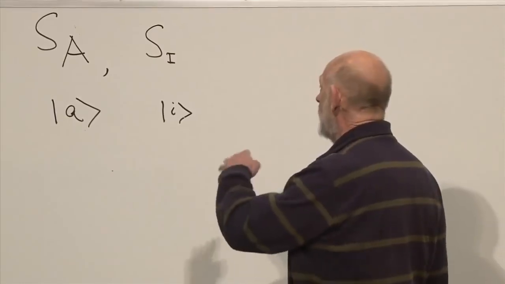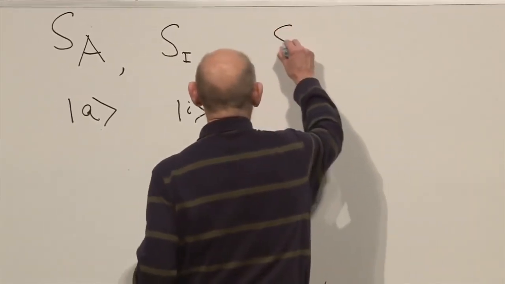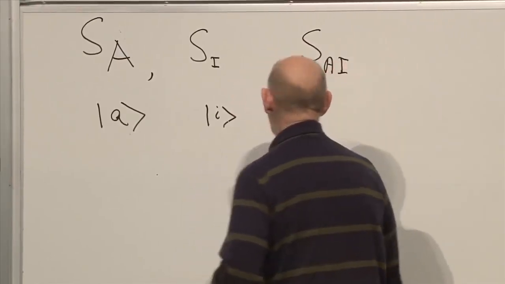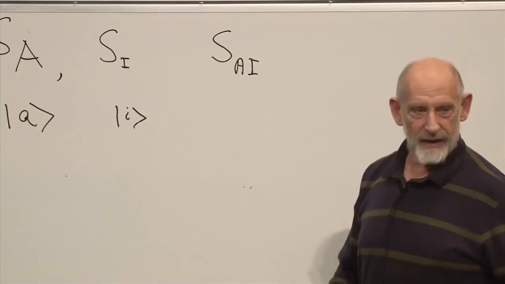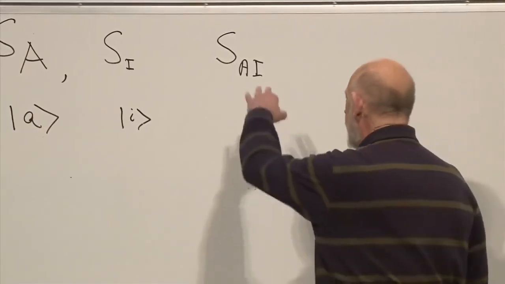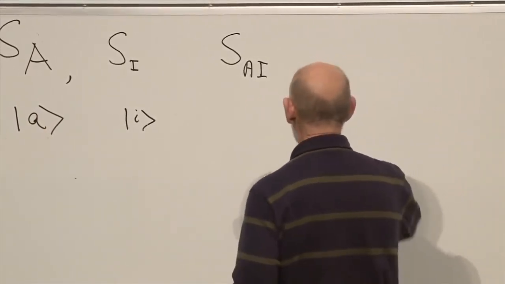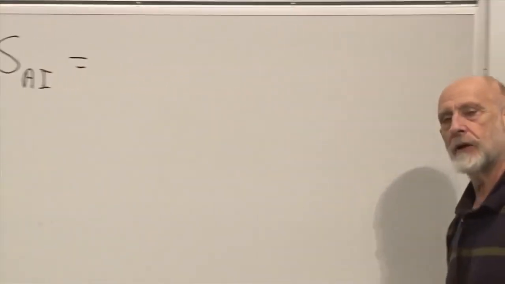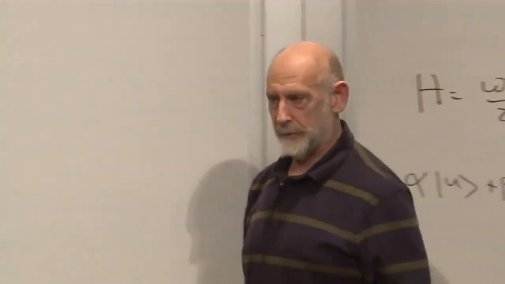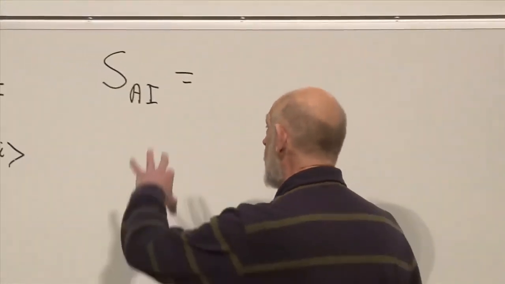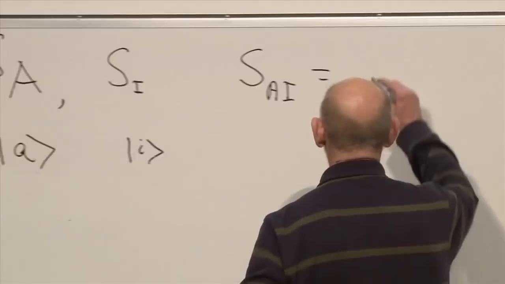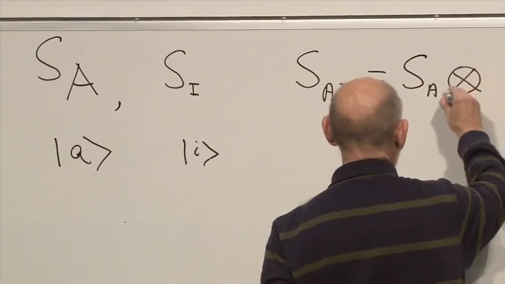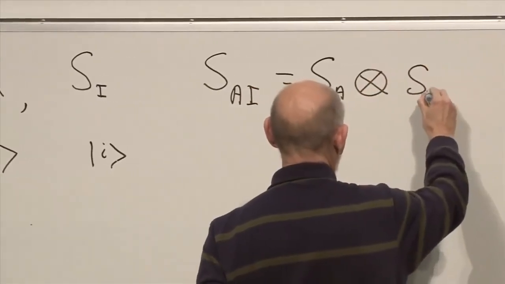Okay? You build a space of states of the system AI, which means A and I together, both of them. That space of states is called, mathematically, the tensor product. I'll tell you what it means in detail, but it's the tensor product of the two spaces of states, S_A, and this is the symbol for tensor product, S_I.